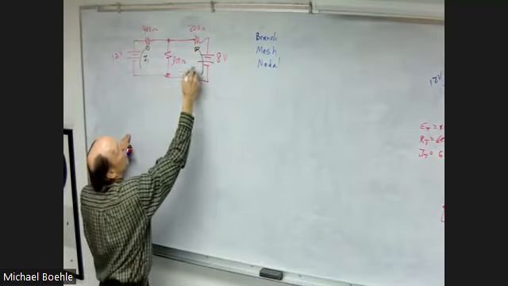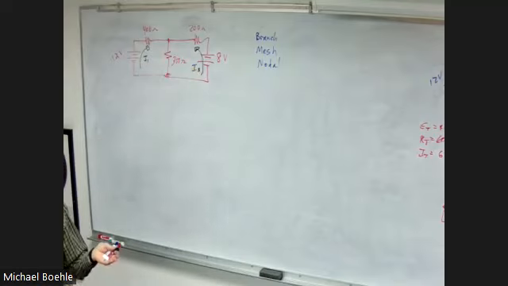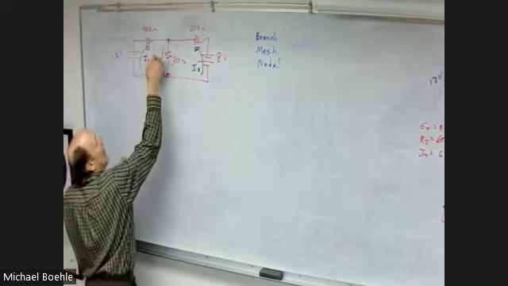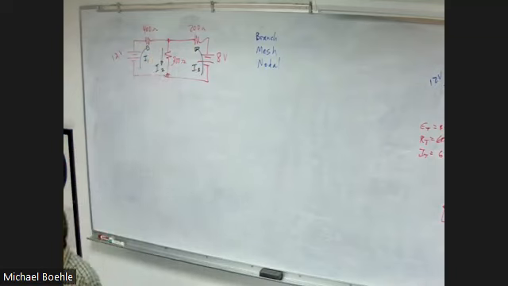I'm just going to go 1, 2, 3. So that's my current 3. Those 2 guesses are going to combine, and so I would guess that the middle branch is going down. Again, if I guess wrong, it'll tell us.